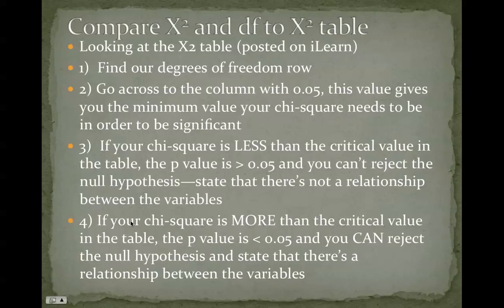So what we would say then is that chi-square is more than the critical value in the table, the p-value is less than 0.05, and you can reject the null hypothesis. And you would state that there is a relationship between the two variables. Again, I understand that this is very confusing and mind-boggling, if you will, and we will try to walk you through this step by step throughout the semester. This is just step by step by hand, and then I'm also going to show you step by step in Excel and what those answers we get actually mean.